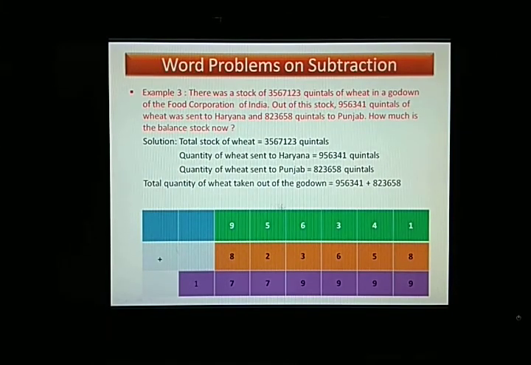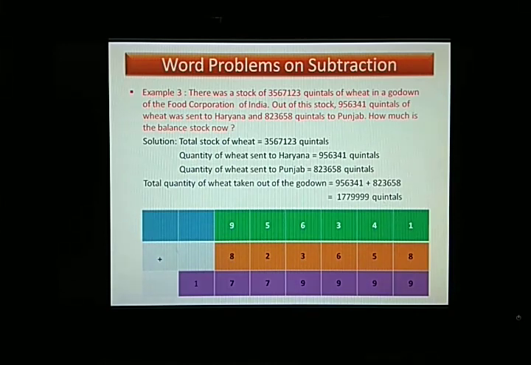You can see here I have not used all of this, the thousands, ten thousands, lakhs. If you just add these two, so this much quintals of wheat was given out from the godown.